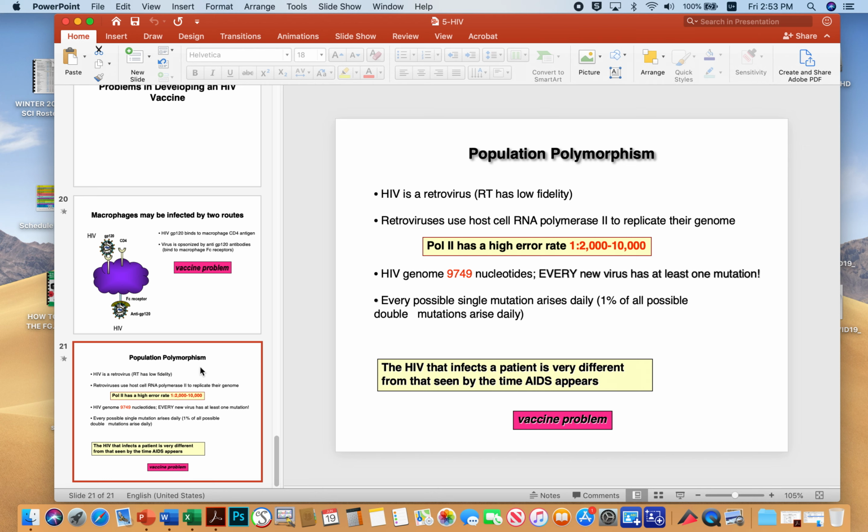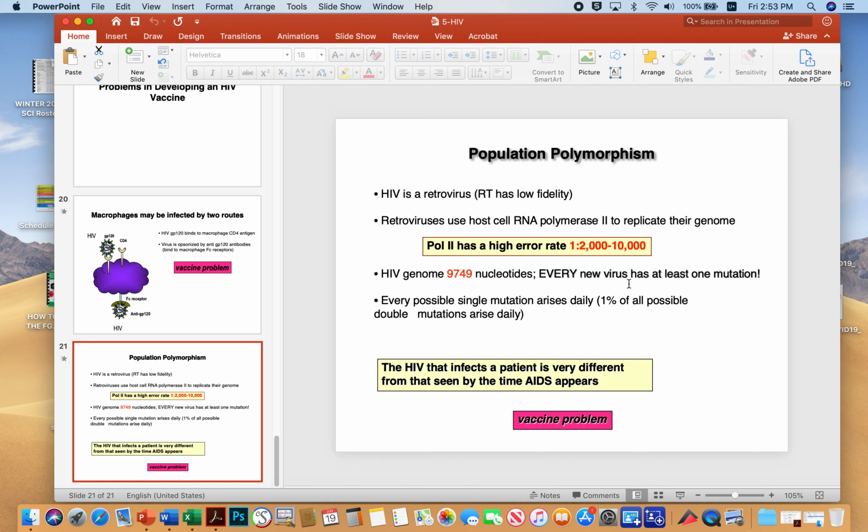So retroviruses use host cell RNA polymerase in the nucleus to replicate their genome, but Pol II has a pretty decent error rate as well. So Pol II can actually make some mistakes in replicating the virus. HIV genome is about 10,000 nucleotides.